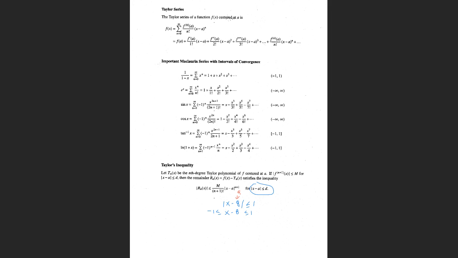But if we add 8 on everywhere here, we know how to manipulate inequalities. If you do that, you're going to get that x is less than or equal to 9 and greater than or equal to 7, right?